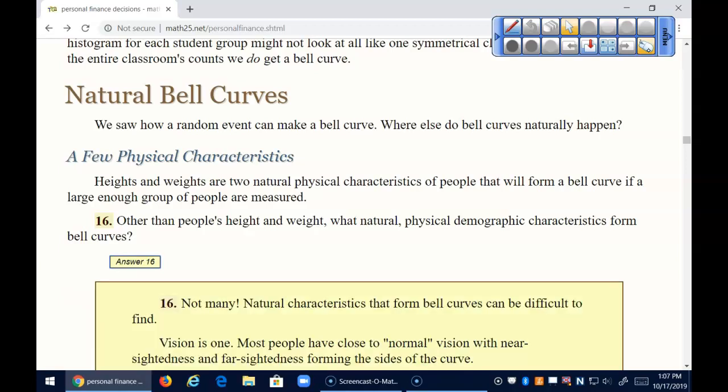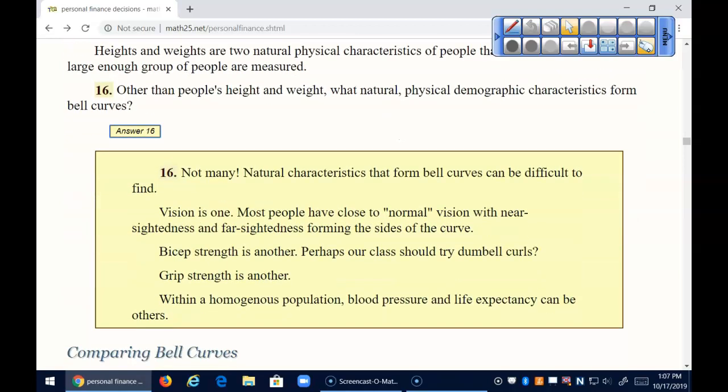I'll show you. And it's interesting that for all the talk of bell curves that we have in our society, people don't just know this. So vision, nearsightedness and farsightedness compared to normal 20/20 vision, forms a bell curve. Bicep strength, if you have everyone do dumbbell curls, how much you can curl.